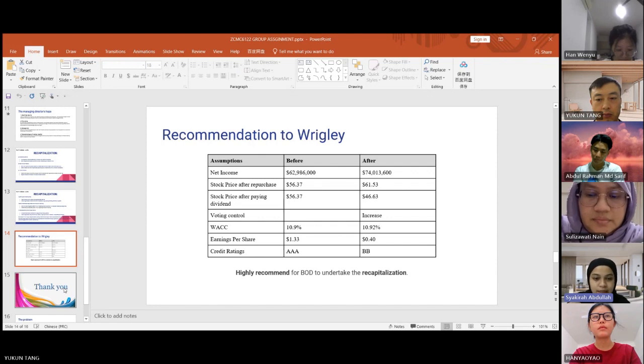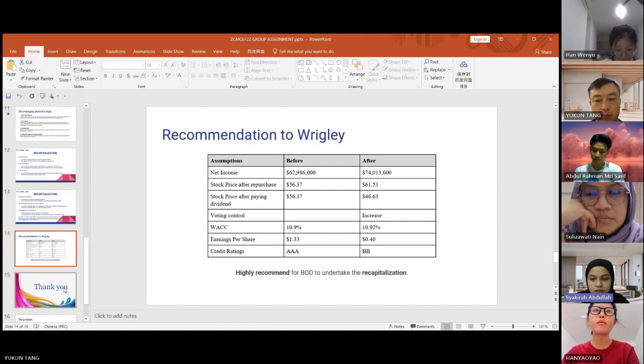should undertake the recapitalization. As WRIGLEY does not hold any debt, financial value would be added as a debt tax shelter would be created, by which WRIGLEY would be increasing its debt to equity ratio. After recapitalization, WRIGLEY is expected to have higher net income in comparison to before the recapitalization.